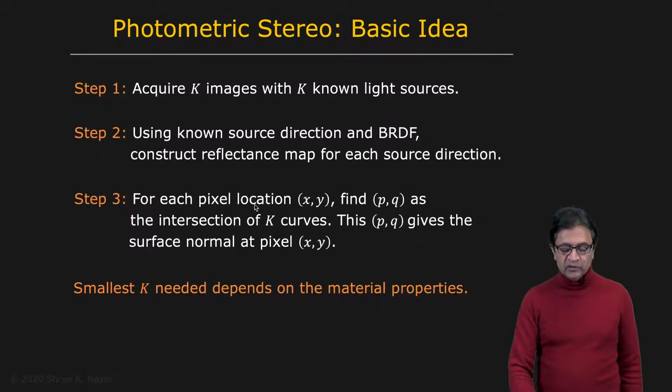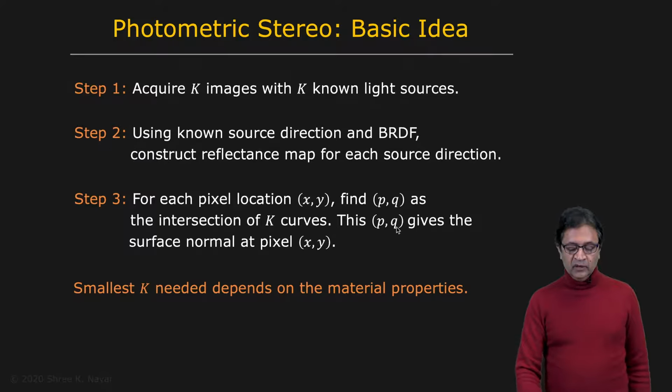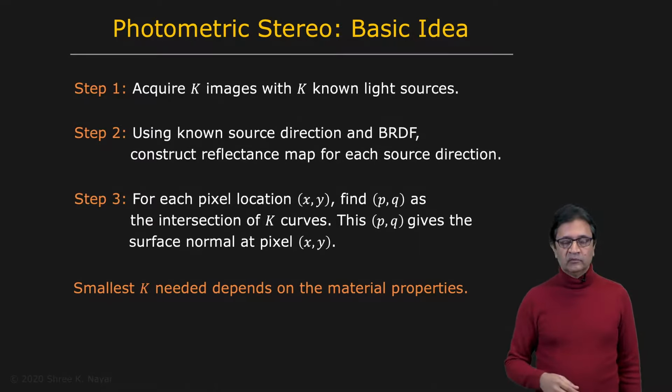And now for each pixel on the surface, XY, we find its orientation PQ as the intersection of K reflectance map curves, and this gives PQ, and PQ, of course, yields the surface normal at that point. We know how to go from PQ to the unit surface normal N.